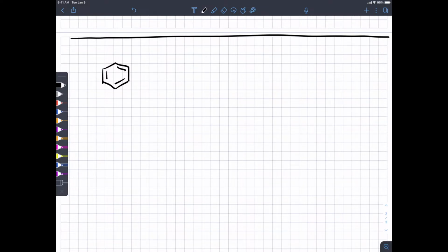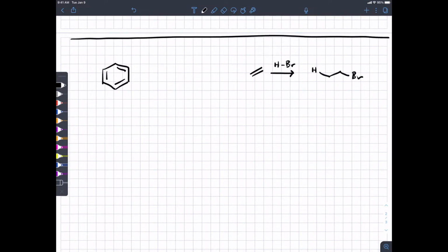So as an example, you've learned in 351 that you can do an addition to alkenes reaction where you convert the alkene into an alkyl halide by having the pi bond attack the proton, and then you get a carbocation intermediate that is attacked by bromine. That sound familiar? Ish? Okay.